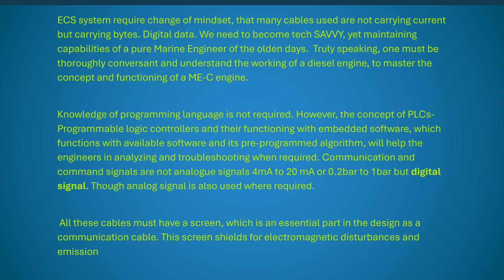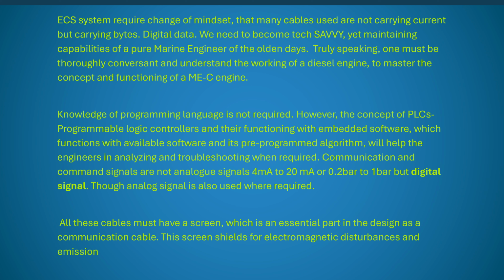Communication and data command signals are not analog signals, 4 to 20 milliamps or 0.2 to 1 bar, but digital signals, data signals. No doubt, analog signals are also used where required, but most of the work is carried out by data signals. All these cables naturally need a screen.